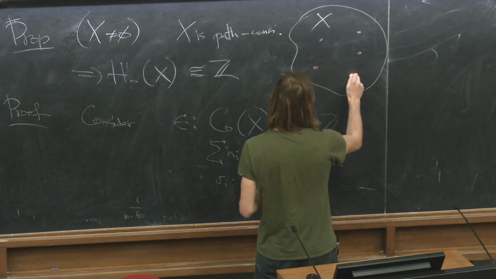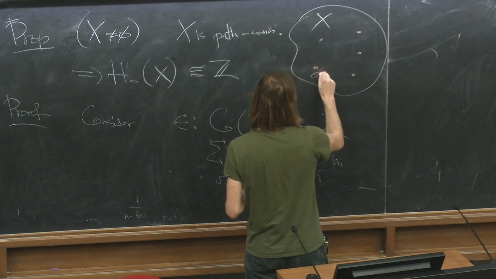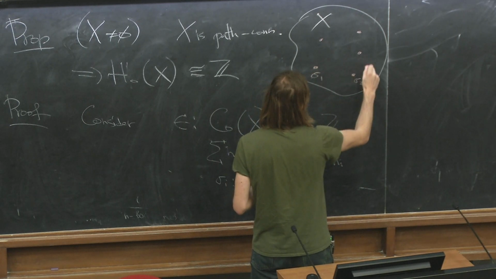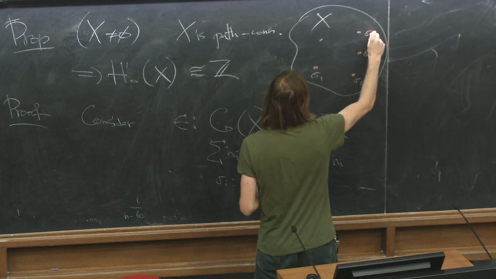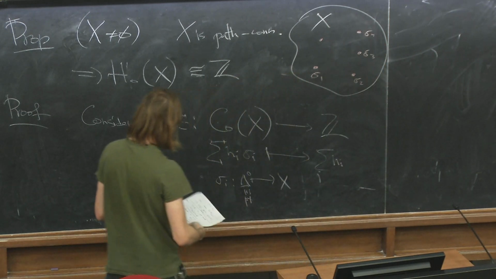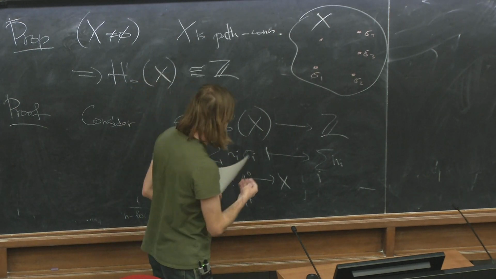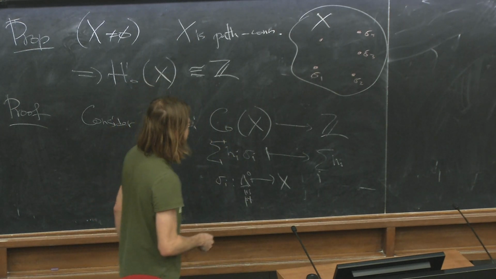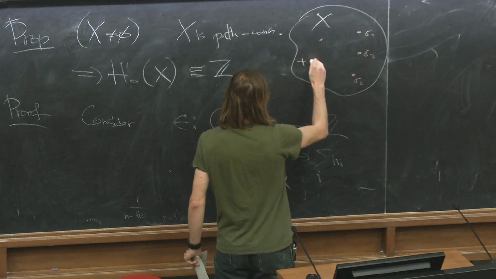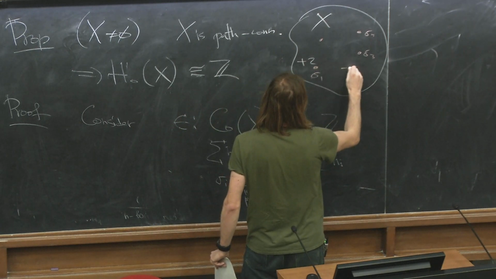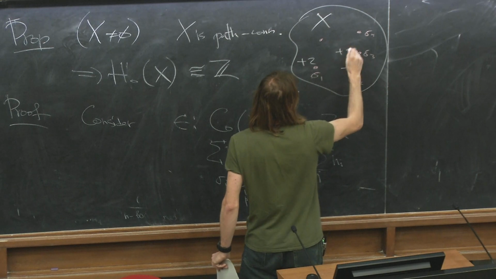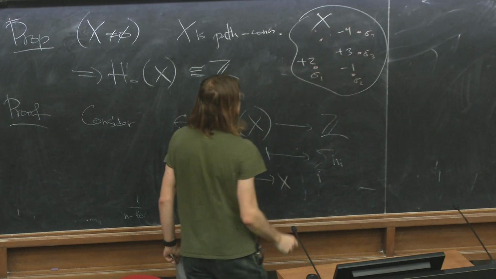So then this sigma 1, sigma 2, sigma 3, sigma 4, and these numbers in the linear combination can be understood as weights which you assign to each of these points. We're going to assign plus 2, minus 1, plus 3, minus 4, and so on.